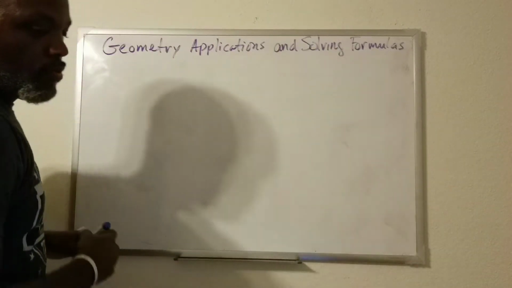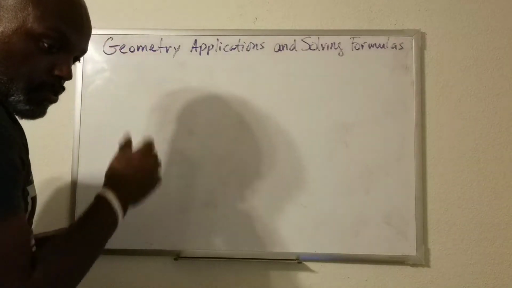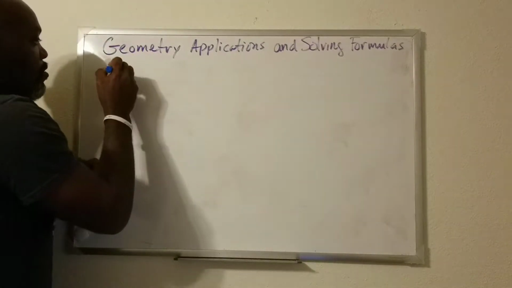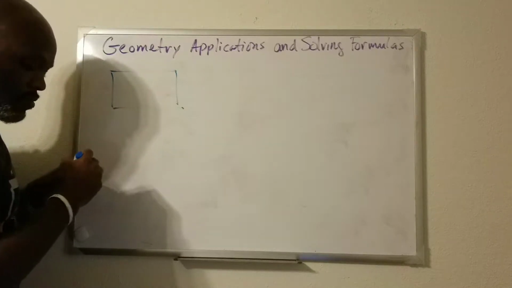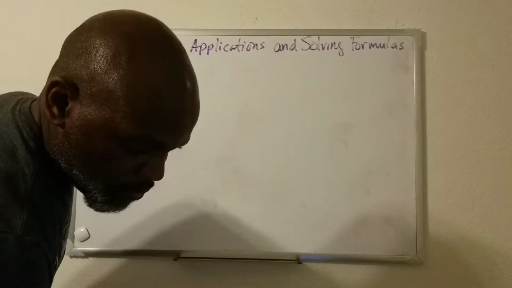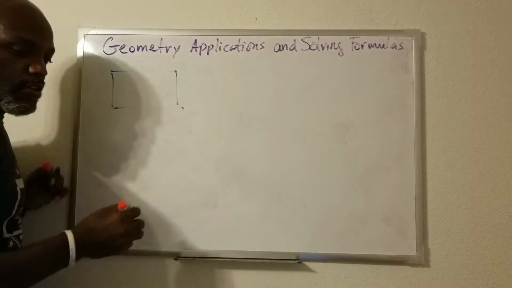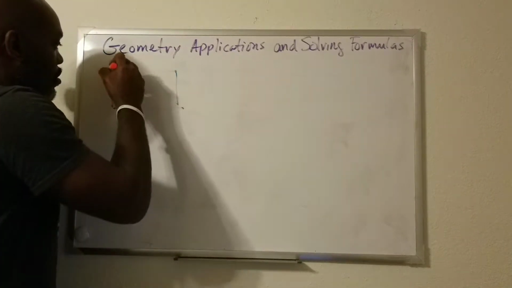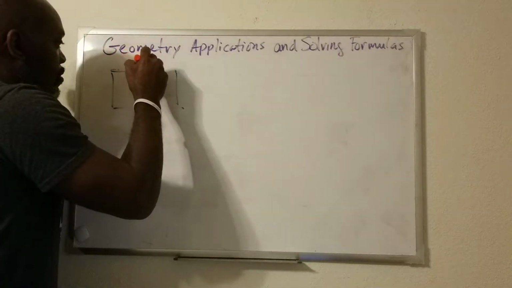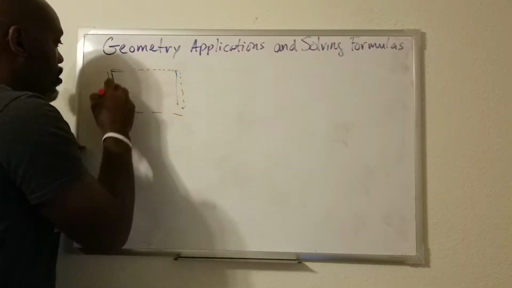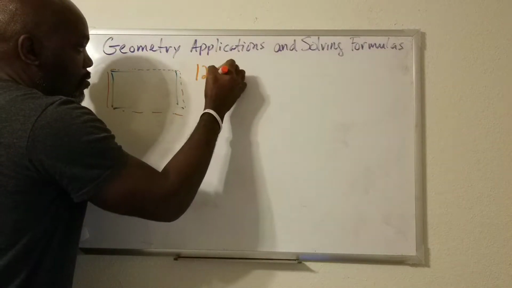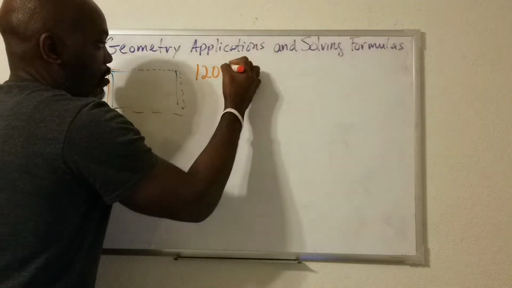All right, the next one says Stuart wants to put a rectangular safety fence around his backyard pool. He calculates he will need 120 feet of fencing.